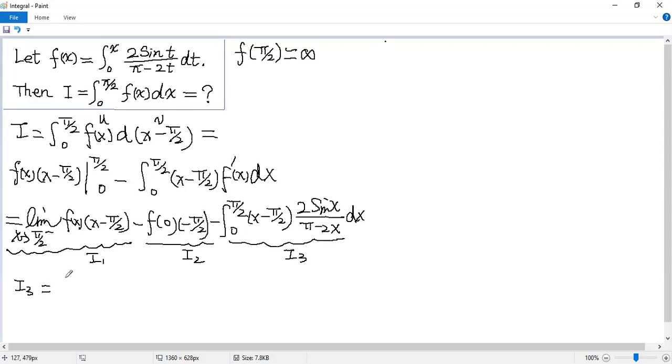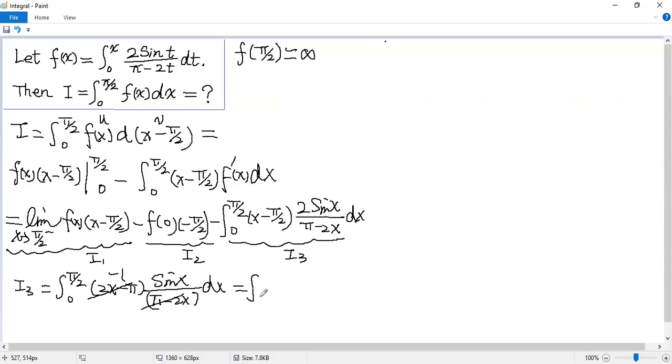I3 equals the integral from 0 to half pi of (x minus pi over 2) times 2 sin x over pi minus 2x dx. Now we can cancel these, and we get negative 1.